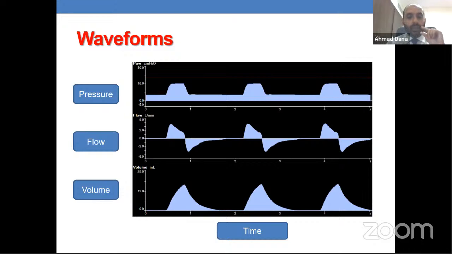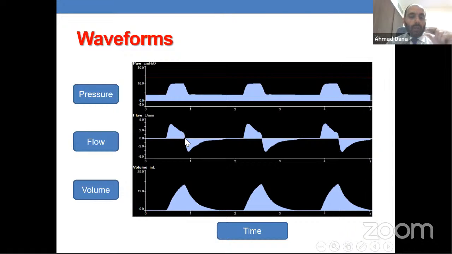The air will start going inside the baby, and the flow will go up. Then the flow, of course, will be reduced when you reach the peak. It will start to go down till the I time or the flow cycling ends. So it starts from 0 and ends at 0.